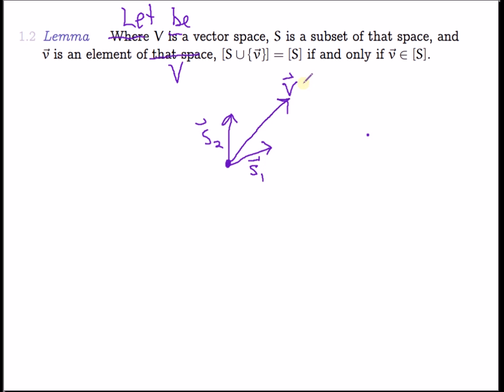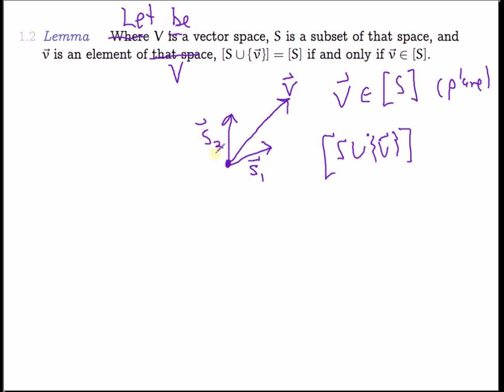In this case, v is in the span of S. And that's the plane. And the span of S union v, well, if I take linear combinations of these three vectors, I'm still going to get the plane. So that's equal to the span of S. Okay, so this is one example.